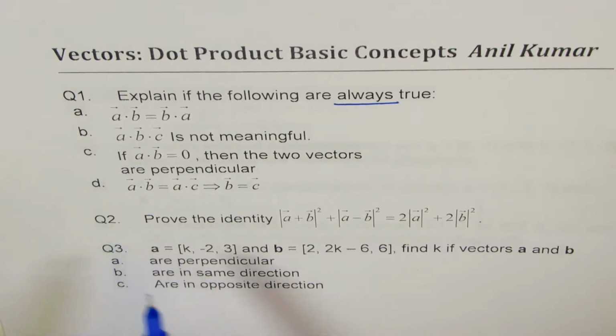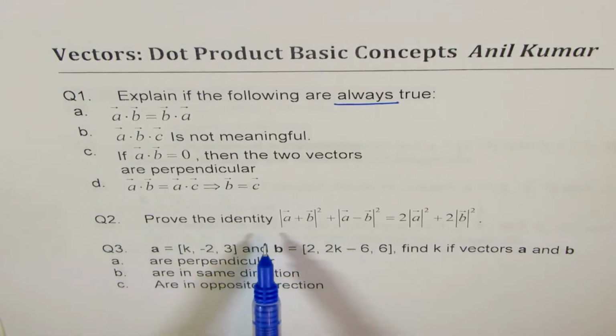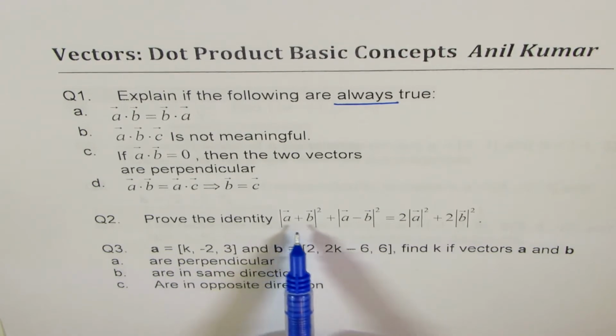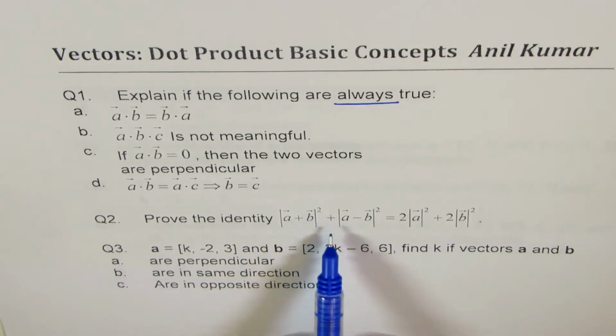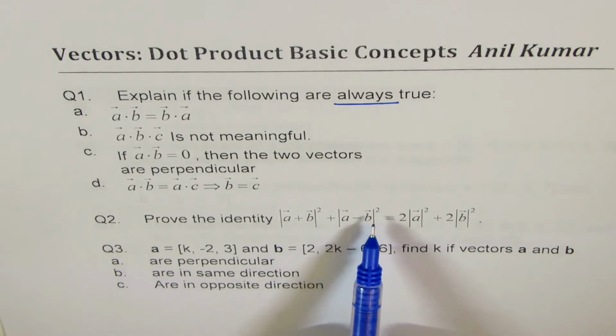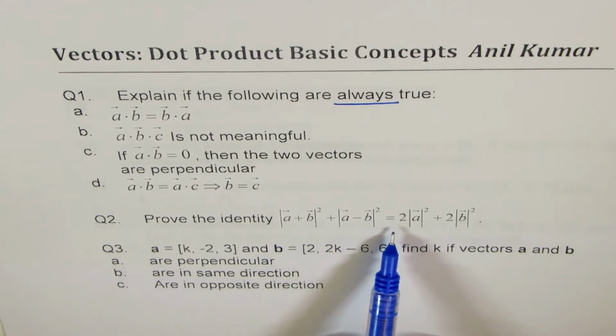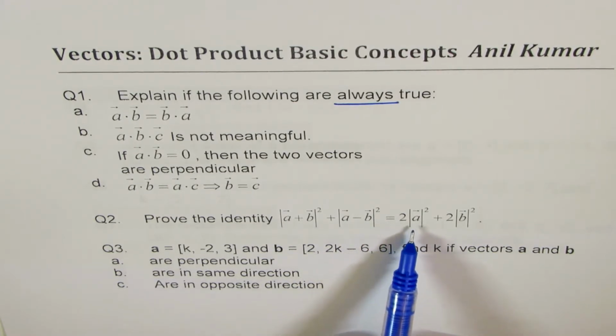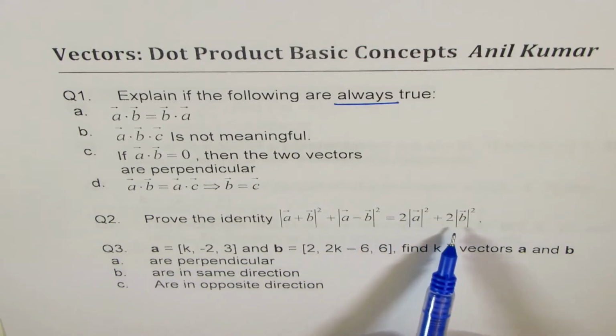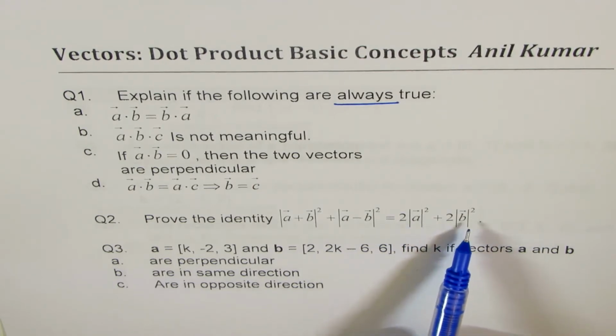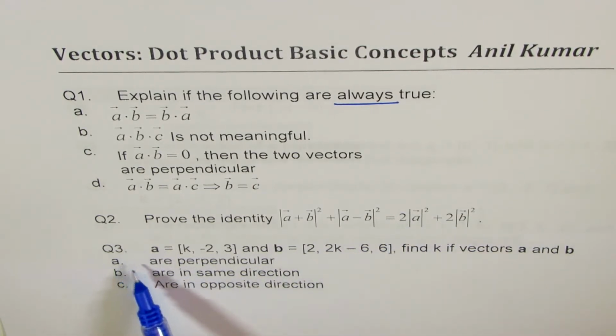Question number 2 is: prove the identity that the square of the sum of two vectors plus the square of the difference of these two vectors is equal to twice the magnitude squared of A plus twice the magnitude squared of B. Question number 3.